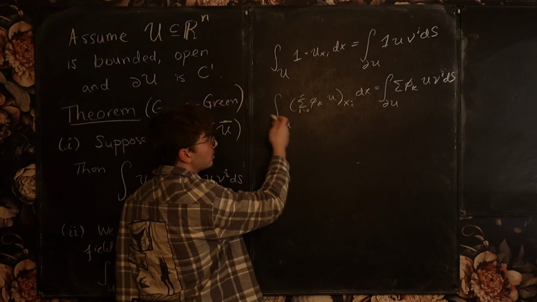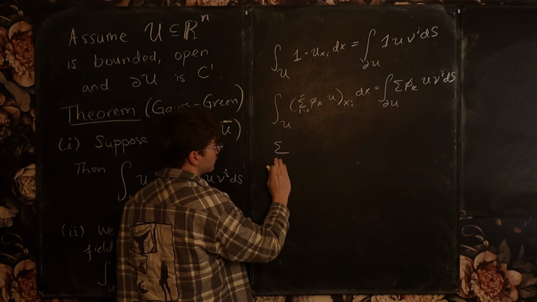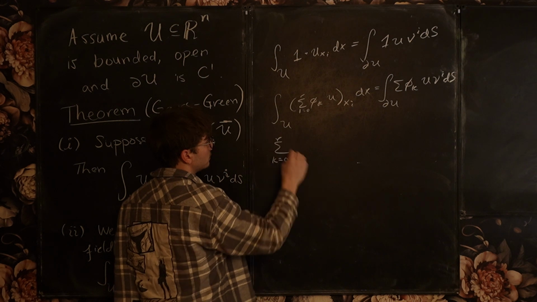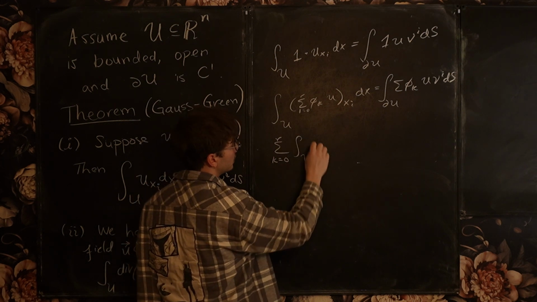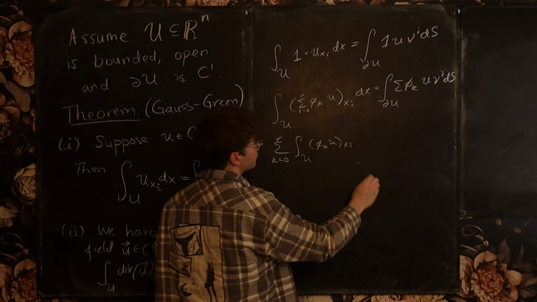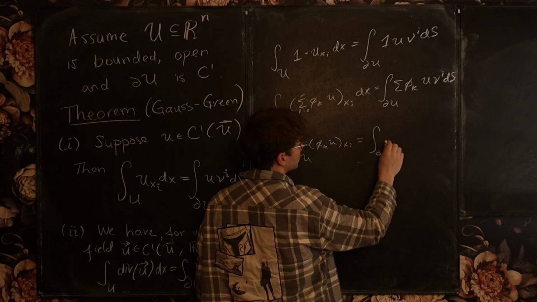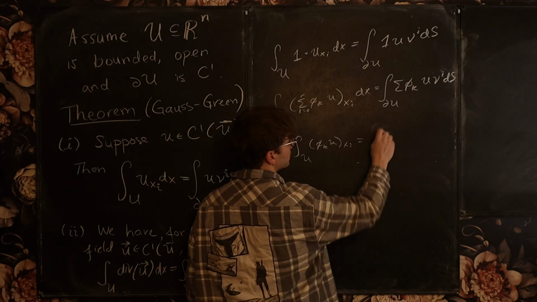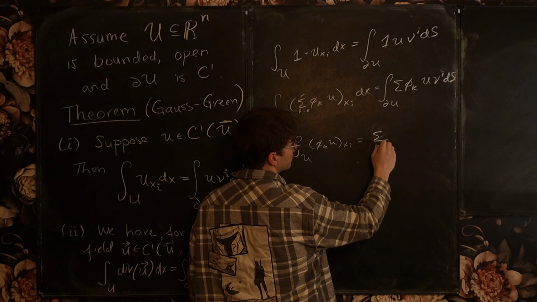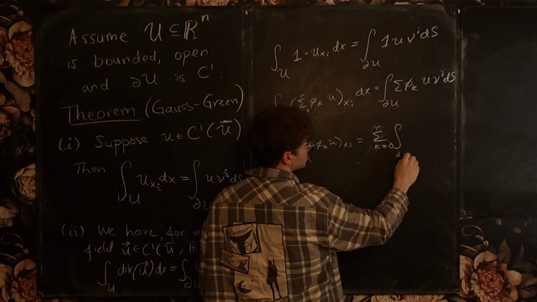So the sum can be pulled out of the partial derivatives, and I get the sum from k equals 0 to r, integral over u, of (phi k u)_xi, which is equal to, let's put the sum on the outside, the sum from k equals 0 to r, integral over partial u.